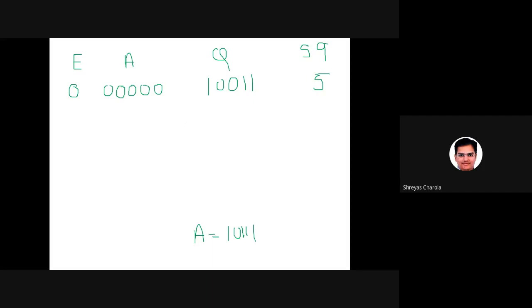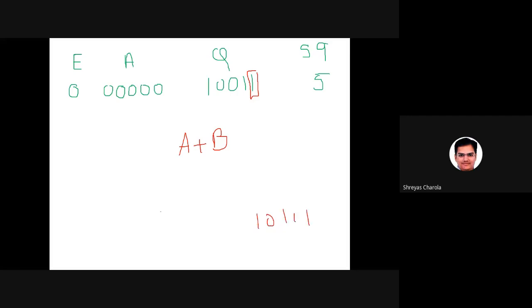What I will do in this algorithm, I will check this bit. What is the bit? If it is a 1, I will do the operation A plus B. Okay, A plus B, that is the other number, this one, 10111, that I will add.